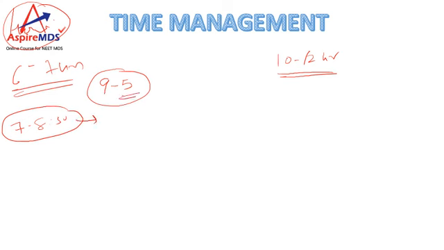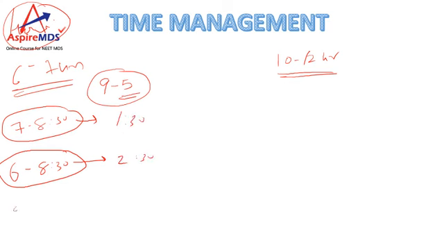Then after 5 o'clock when you come home, you refresh yourself, and by 6 or 6:30 you get free. Then from 6 to almost till 8:30 when you will be having dinner, this one slot you can have. So here we have 1.5 hour, here we have 2.5 hour.